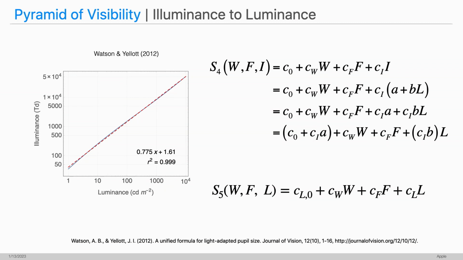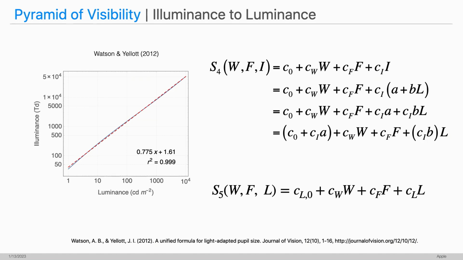And these are actually logs. But you can see that there's a very nice and tight relationship for this particular situation. So we can basically rearrange our terms in our equation, and we can now have a new equation which is expressed in terms of luminance instead of retinal illuminance, which is what we really need for display engineering.